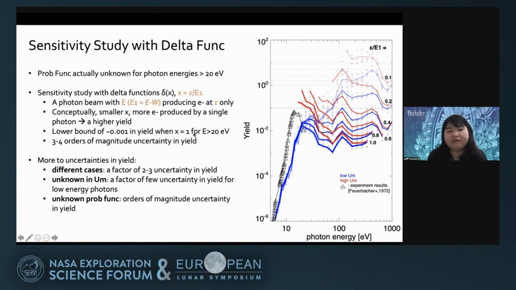Alternatively, if this ratio is 1, that gives you the lower bound of the yield. So through this sensitivity study, we can infer a lower bound for the yield of roughly 0.1%, but we do see uncertainty over orders of magnitude. And then, of course, in the study, we go into detail and look at different parameters and their impact on the uncertainties.